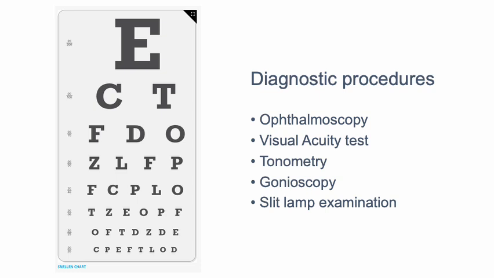The smallest line that they can read, over on the left-hand side, will give you those numbers. If the smallest line is 20/70, then they can see at 20 feet what most people can see at 70 feet. So they have a visual deficit. If a client wears glasses or contacts, we should test their visual acuity with them on and with them off, or out if it's contact lenses.